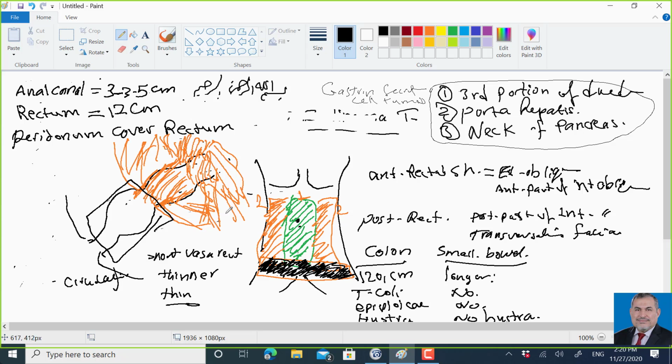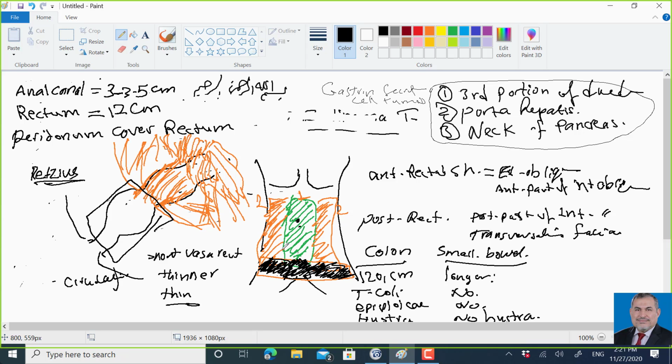What's the space of Retzius? This is the preperitoneal space between the pubis bone and the bladder.